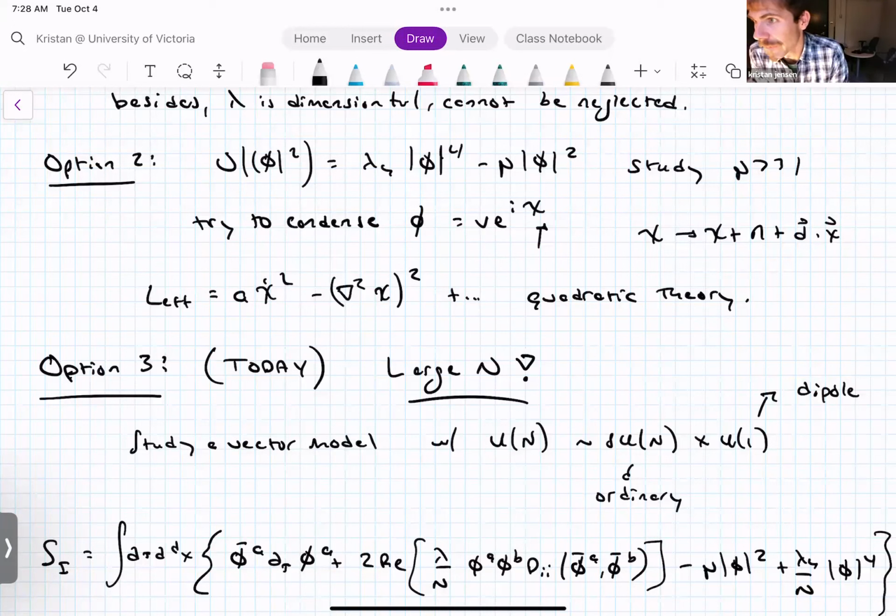Well, we've had a lot of questions, but let's see. I have another question, if I could ask it. Sorry, squeeze it in. Kristan, could you go to where you wrote down what the action looks like in the symmetry breaking phase, if you expanded around the condensate?